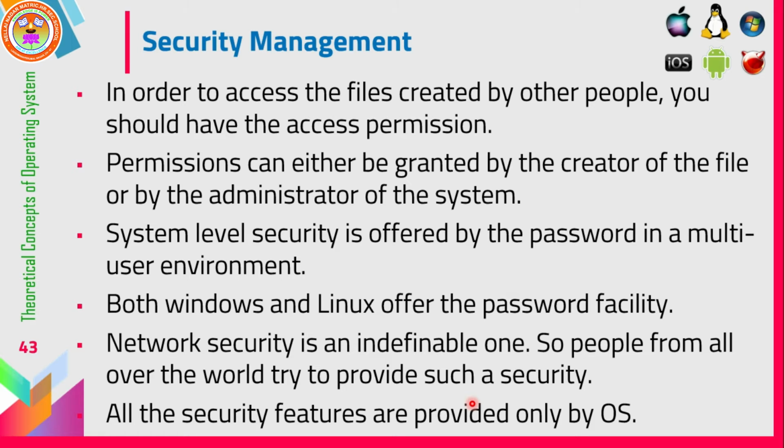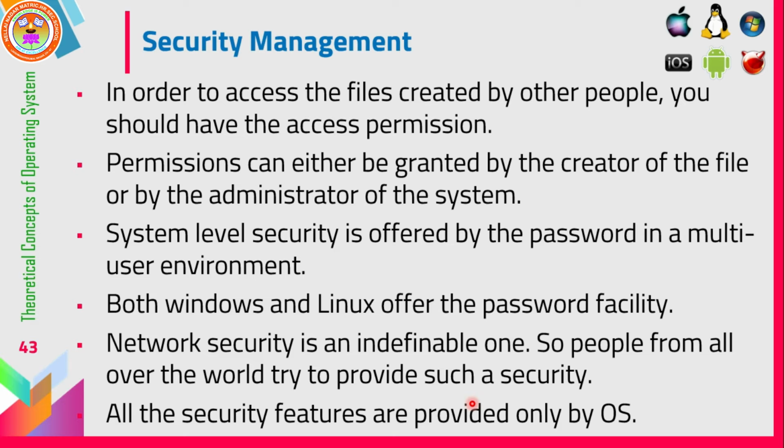The next one, network security, is an indefinable one. Indefinable means we are not able to define it. People from all over the world try to provide such security. Why? Because on the internet, people all over the world are connected together, so you can't identify where the security will be provided. We can't understand or identify it, so that's why they say it is indefinable.